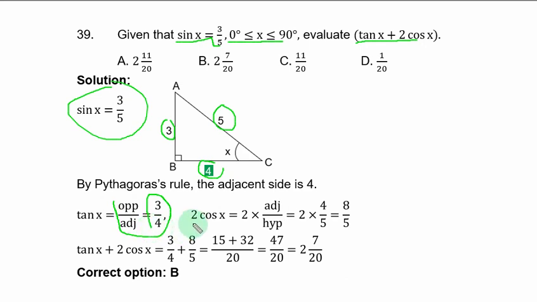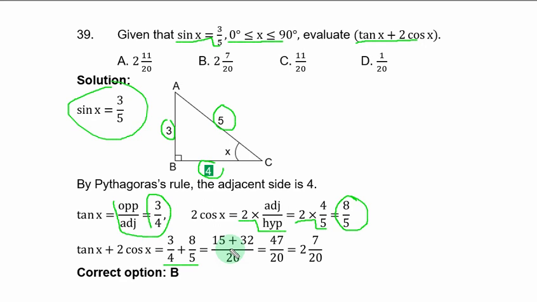We have 2 cos S, that is 2 times adjacent over hypotenuse. You have 2 times 4 over 5, and that is 8 over 5. So tan S plus 2 cos S is simply equal to 3 over 4 plus 8 over 5.